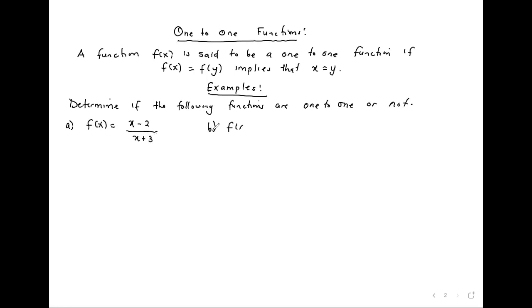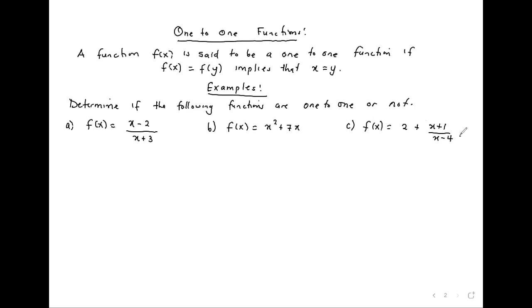B, f of x is equal to x squared plus 7x. C, f of x is equal to 2 plus x plus 1 over x minus 4. Are these functions one-to-one? Or maybe not.